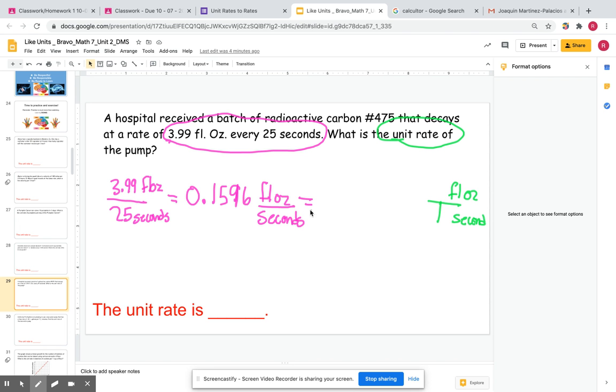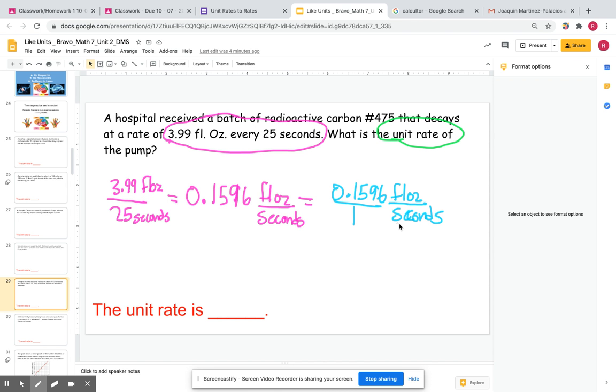Now remember, we can convert anything to a fraction by just putting a 1 under the value. So we're going to convert this decimal to a fraction by writing it again: 0.1596 FLOZ over seconds, and a 1 in the bottom.